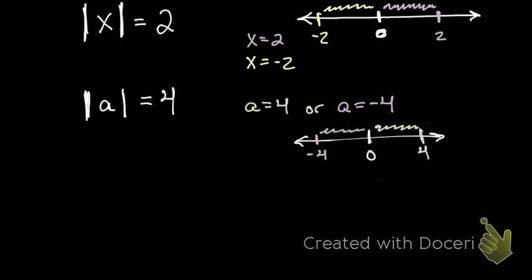So it could be either here or here, just like the previous problem. And we're saying it's either or. It can't be both at the same time. It doesn't matter which one it is.